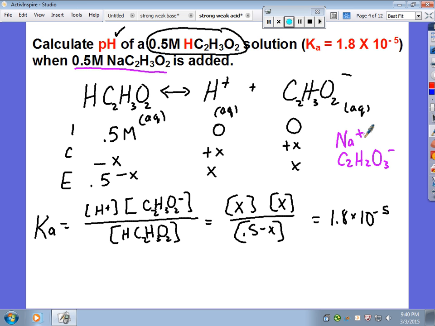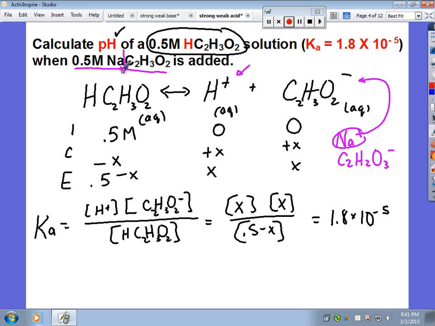Sodium ions and acetate ions. Does sodium have anything to do with the equilibrium expression you see on the board in front of you? No, it does not. These sodium positive ions are going to float next to this hydrogen ion, and they're going to go, get away. You're positive, I'm positive, I don't like you. It's going to float near this, and it's going to go, oh my gosh, I'm going to go ahead and dissociate.